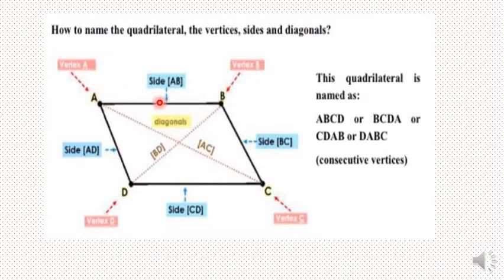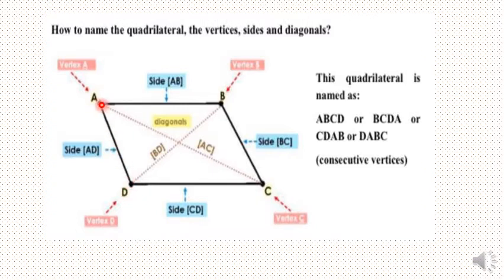So this is segment AB. I use brackets to name a segment. This is side BC. This is segment CD from point C to point D. This is segment AD or DA.